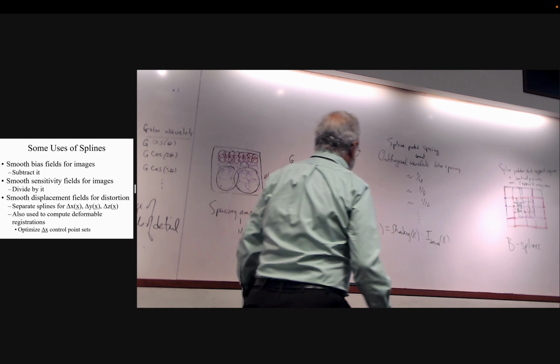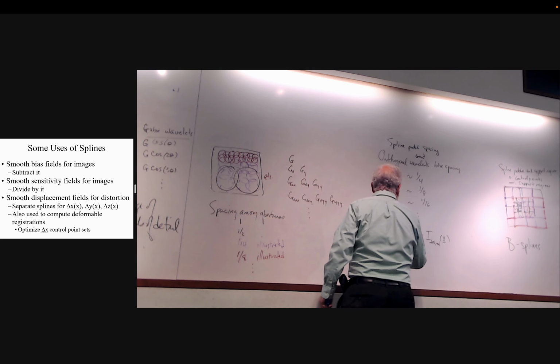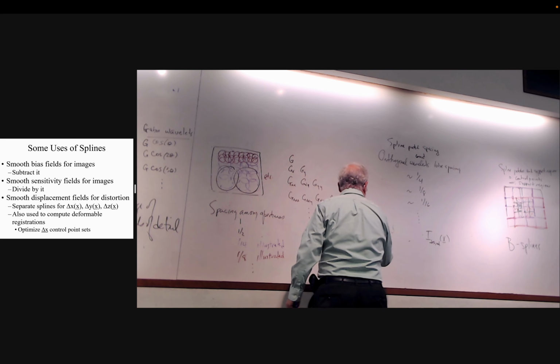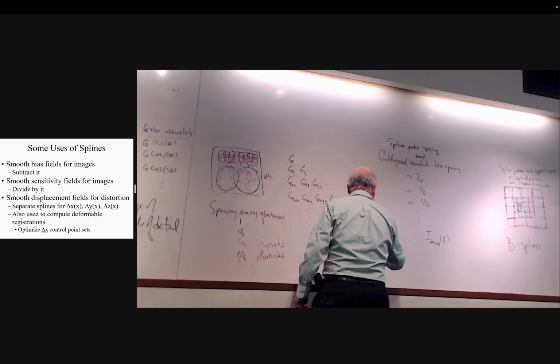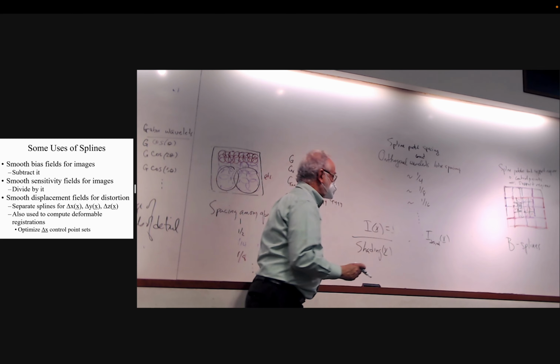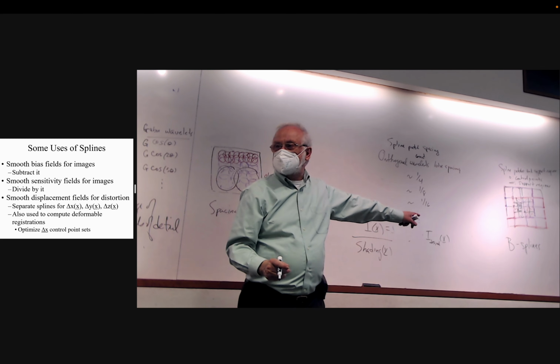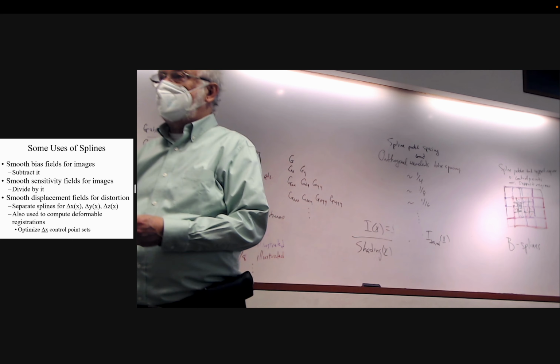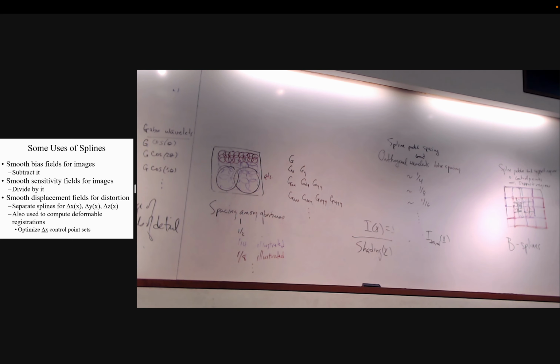What we'd like to do is compute a shading function and divide it into the image, and then do a multi-scale analysis on I desired. Right? Or whatever analysis we want to do on I desired.